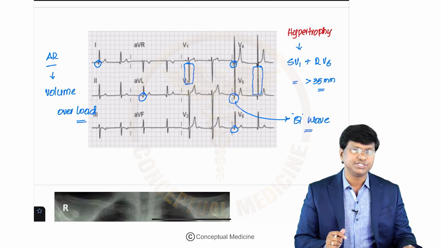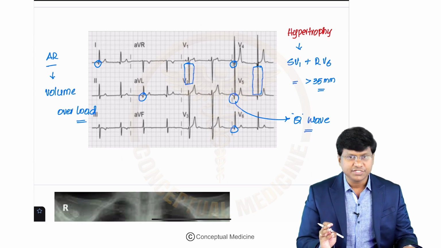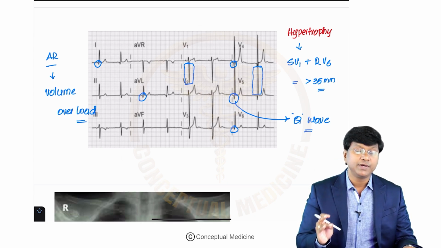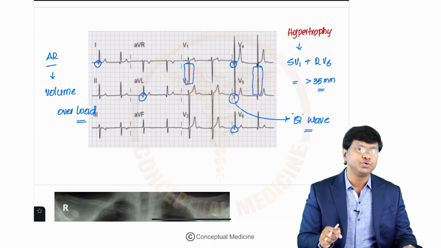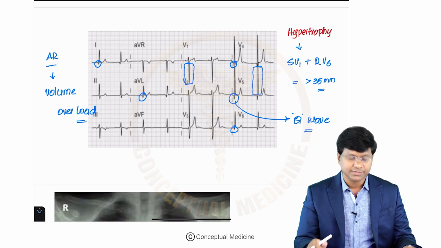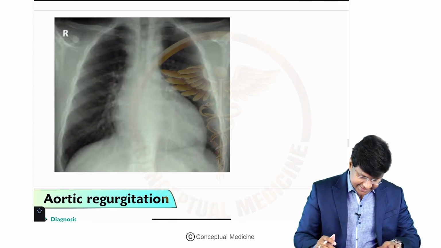So these will be the ECG changes. Number one, features of hypertrophy. Number two, features of volume overload, which is represented by the deep Q wave in the respective leads. Then followed by that, the chest X-ray.